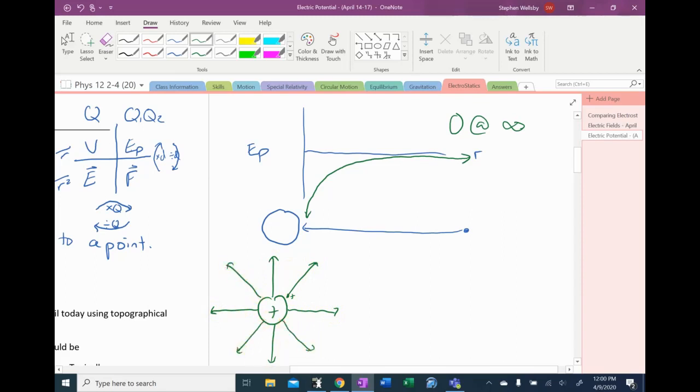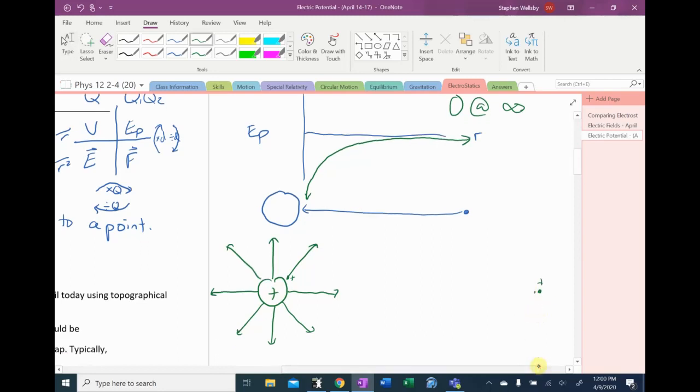So what I'm getting at here is that how we define this is how much energy it's going to take to move a positive charge from infinity to this charge. So let's say I've got a tiny little positive test charge over here, and I want to move it towards this main charge here.